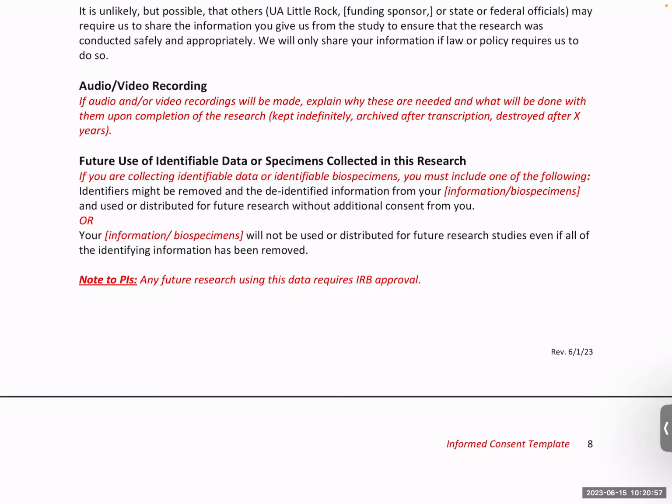In the section on future use of identifiable data or specimens collected in this research, this is where you inform participants whether or not their data or specimens will be used in future research without asking for additional consent from them. There are two possible statements to choose from in this section.